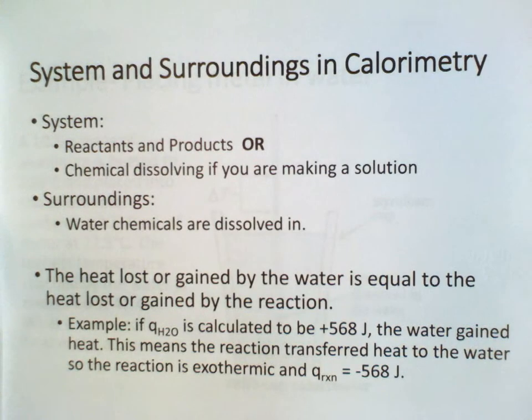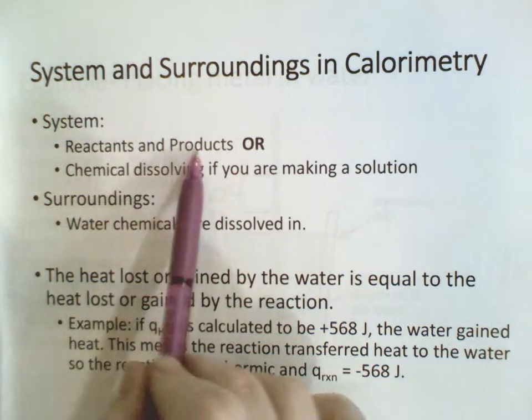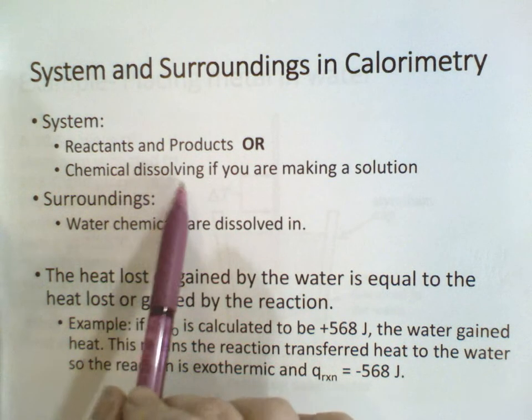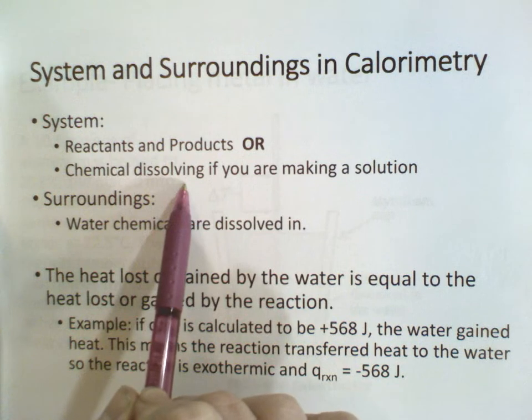So what we want to look at is how we decide our system and surroundings in calorimetry. So remember, a system is the part of the situation that we're focusing on, and for its surroundings, we want to look at its immediate surroundings so we can determine the direction of heat flow. So typically our system will be the reactants or products in a chemical reaction, or a chemical that we're dissolving if we're making a solution.